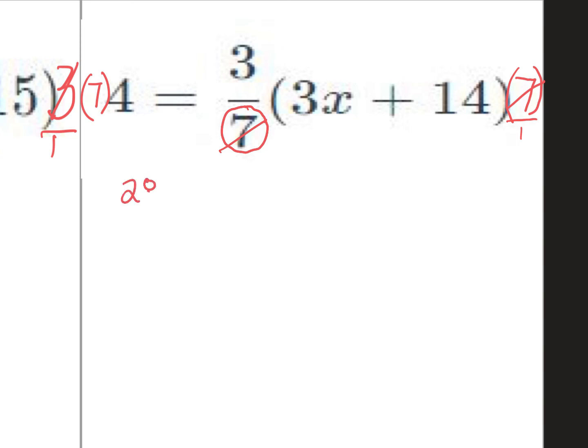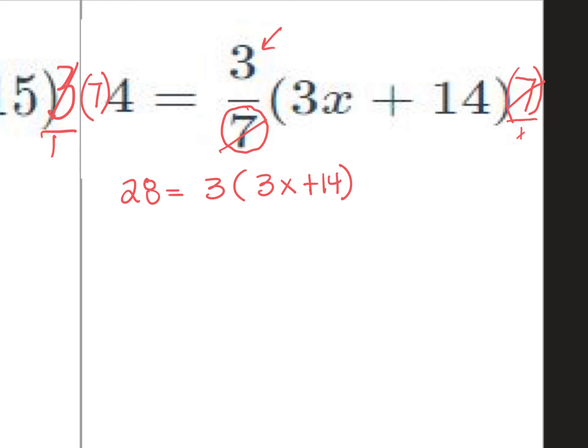So now we have 28. 7 times 4 is 28 equals 3. That 3 survives. Times 3x plus 14. And that's the 7 and the 1 canceled out. All right, now I'm going to distribute.